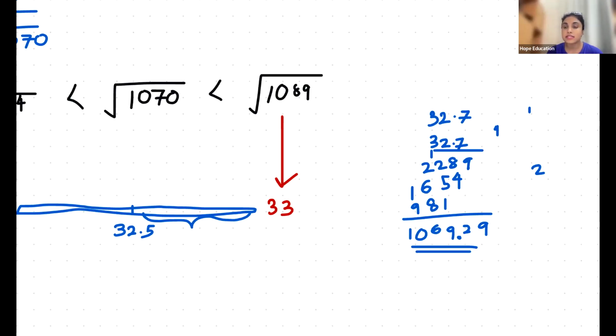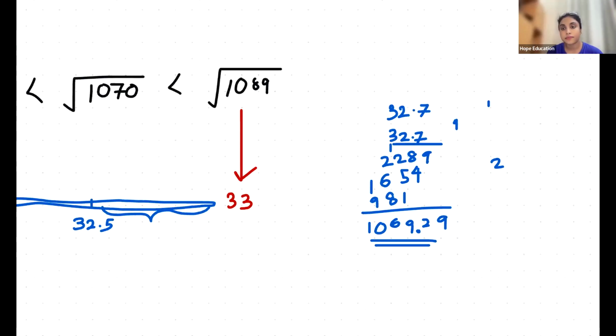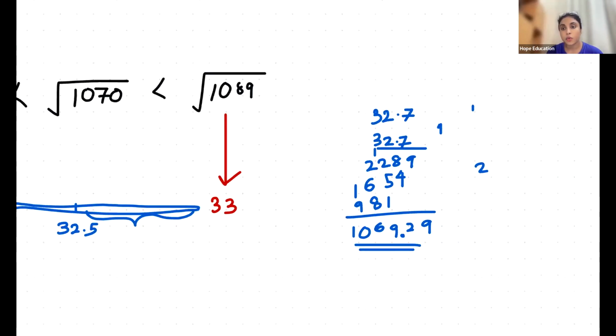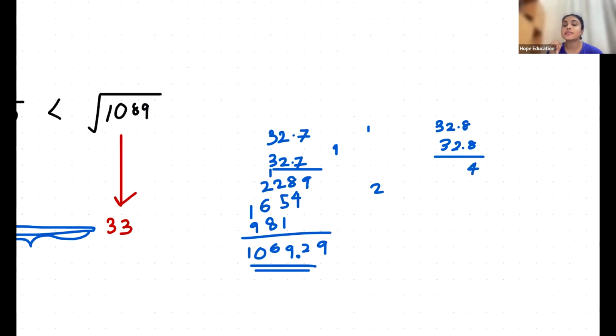But it's lesser, no. Let's try 32.8. 32.8 multiplied by 32.8. We'll see. 8 times 8 is 64. 8 times 2 is 16, 17, 18, 19, 20, 21, 22.